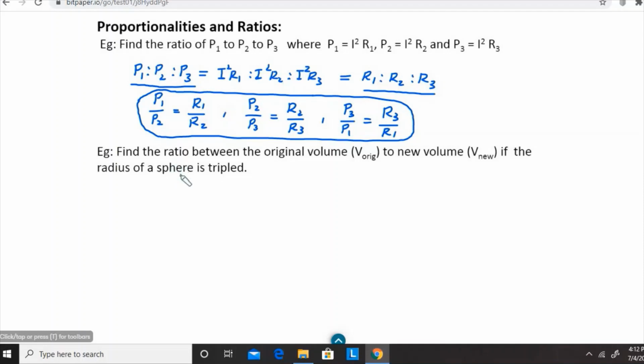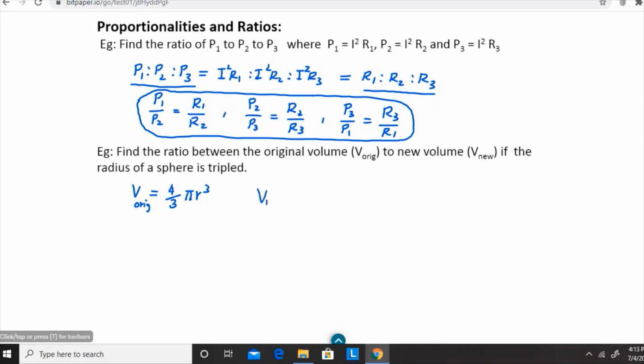Okay. The second example: find the ratio between the original volume to new volume if the radius of a sphere is tripled. So you should know the general formula for the volume of a sphere where the radius is r. That's given as 4 over 3 pi r cubed. So let me call this the original volume.